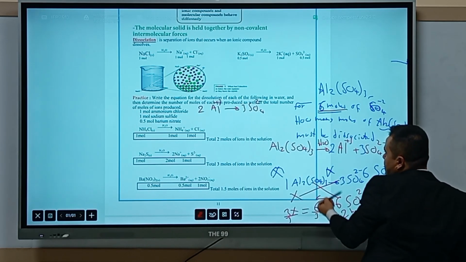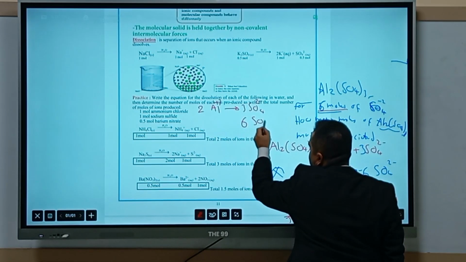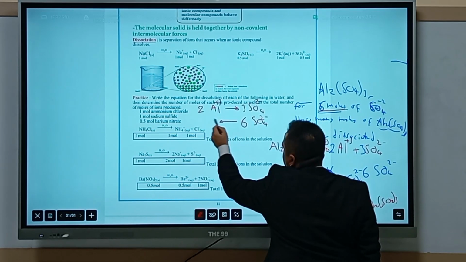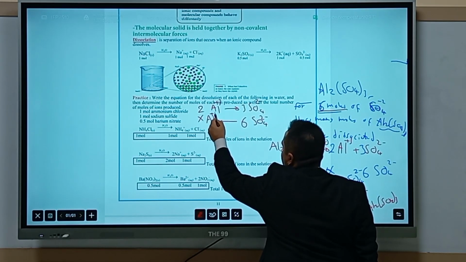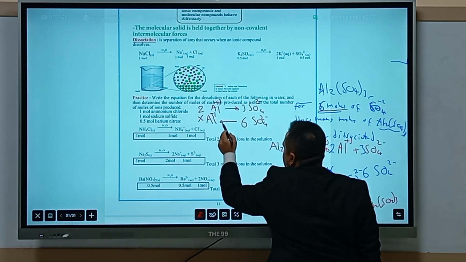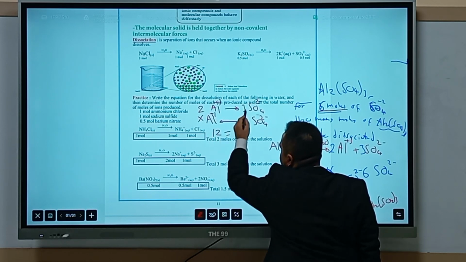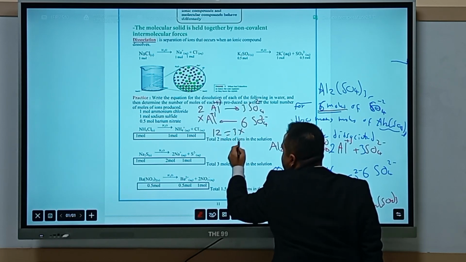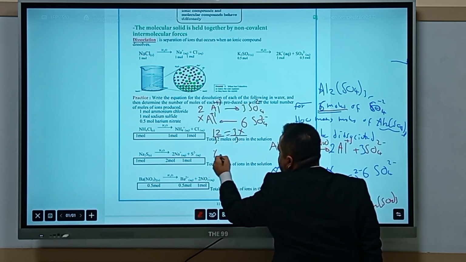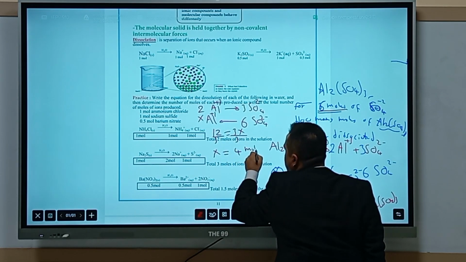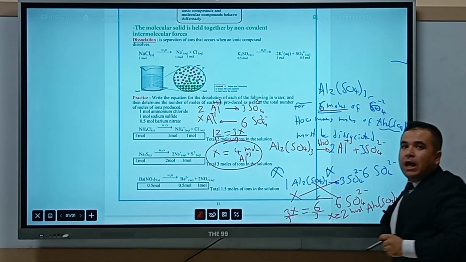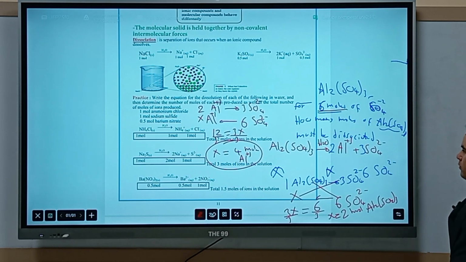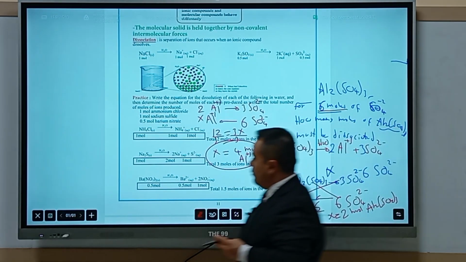What do we have? 6 sulfate, 6 SO4 2 negatives will produce x Al positive 3. 6 multiply 2, 12, 3 multiply x, 3x, divide by 3, x is equal to 4 moles of aluminum. That's how we can calculate the mole of one from the mole of the other, and the mole of the salt from the ions as well.